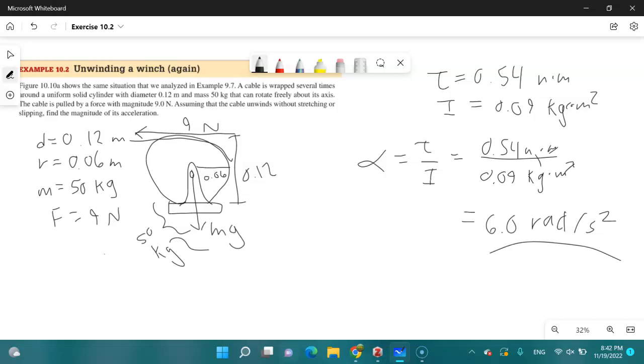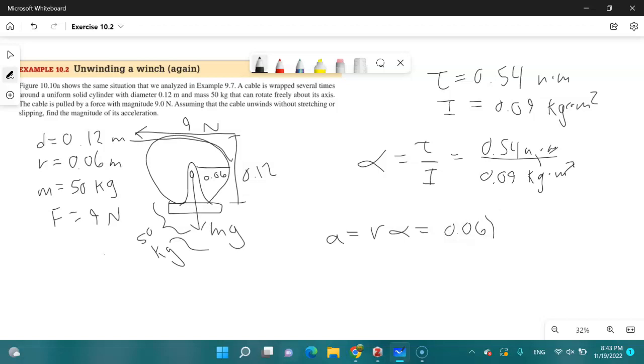So now, if we do want to keep going to find the acceleration in more colloquial terms in meters per second squared, which is the normal amount, we can also use these 6.0 radians per second squared that we also know. So the acceleration in regular terms would be the radius times the angular acceleration. So we do have both of these values.